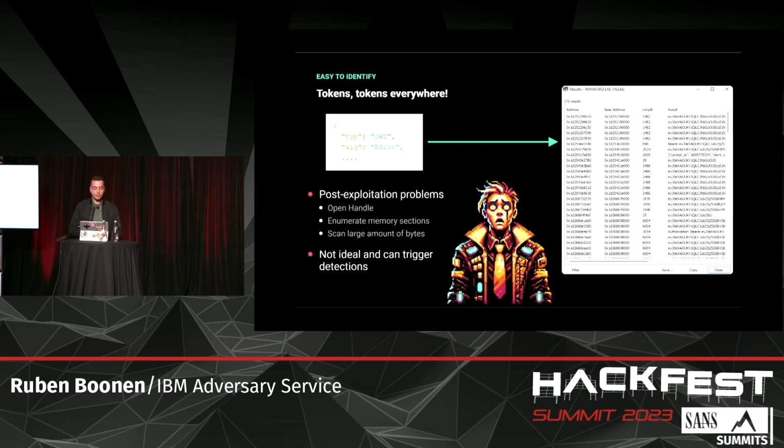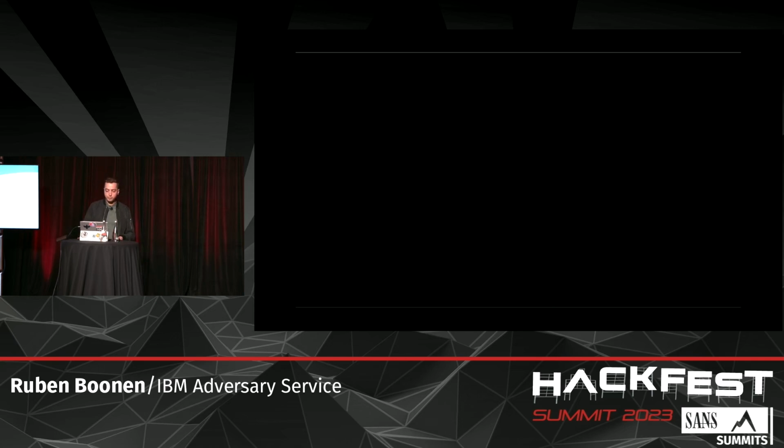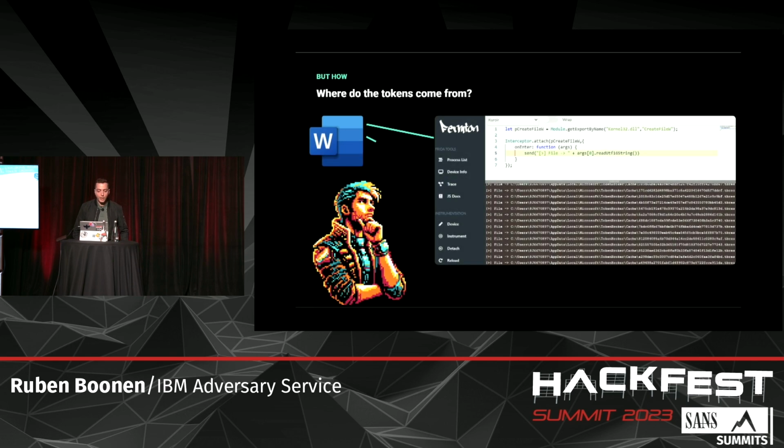But it's not a great technique either. There are some pitfalls there, and memory scanning can be intensive, and we might trigger detections that way also. Plus, that relies on the fact that one of these Office applications is running, right? So it's not great.